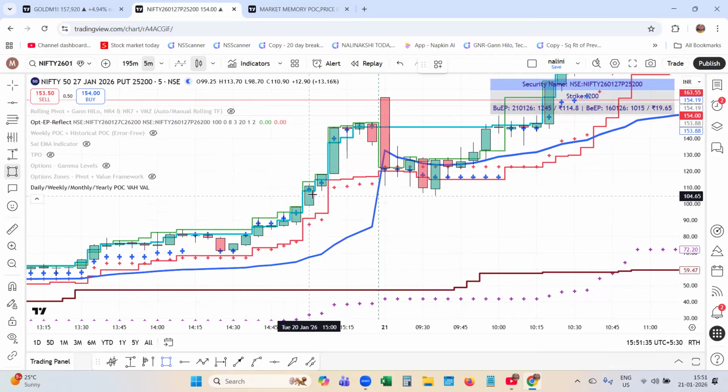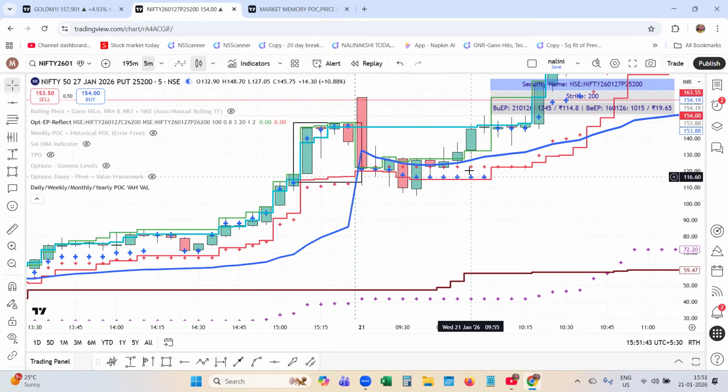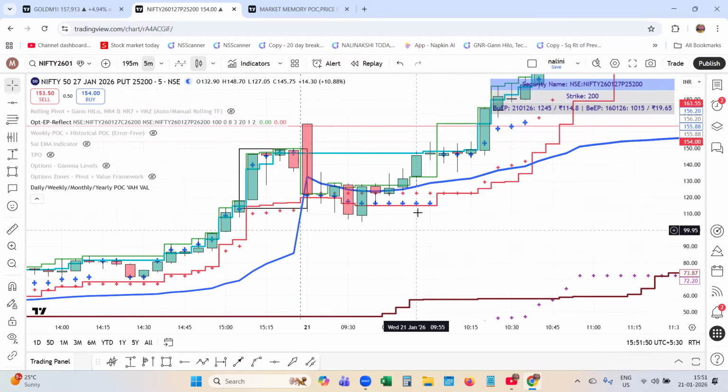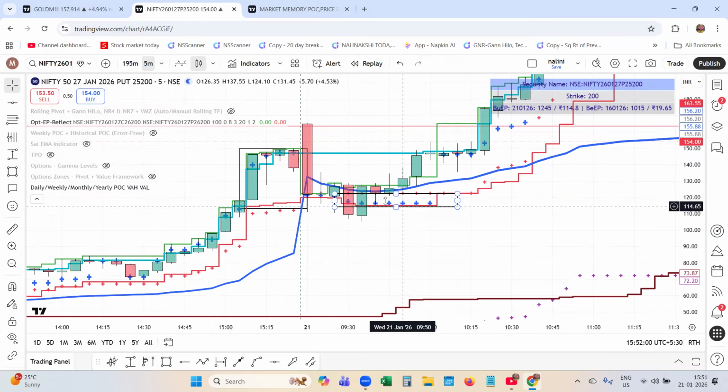Let me mark this area before it expanded and came down and started reversing, climbing above the value area high of the daily. And this is the daily pivot, and this is weekly pivot. Price getting accepted, and you can see the candle. This was a red candle, rejection from there, and price moving higher.